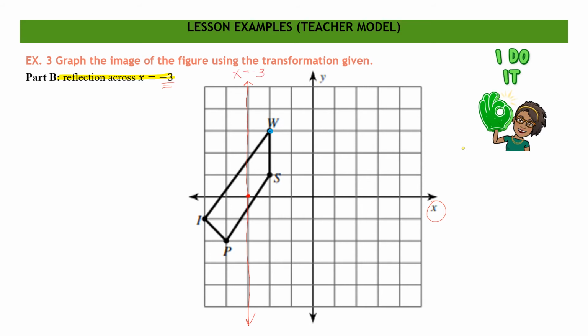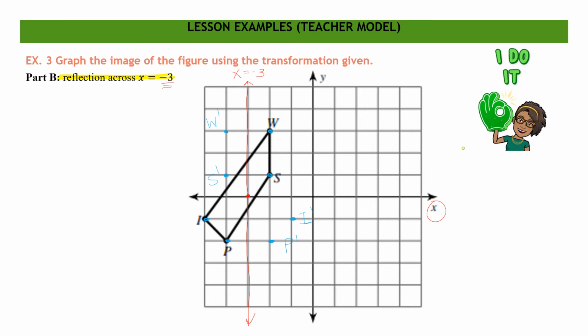So W being 1 unit away means W prime is going to be 1 unit away. S is 1 unit away from the reflection line, so S prime is 1 unit away. P is 1 unit away, so P prime is 1 unit away as well. And then we have I is 2 units away, so I prime is also 2 units away.